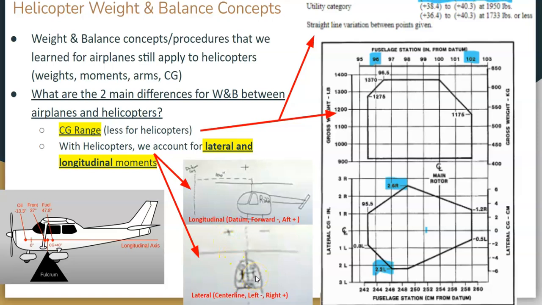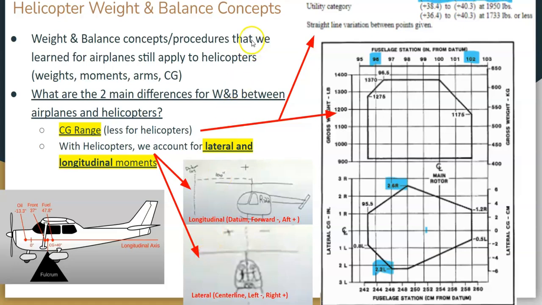And that can affect it greatly. In a helicopter, if you have a really heavy person on this side and a really light person on this side, the moments could actually cause it to rotate in that positive direction. So, again, moments, center of gravity, it's a lot more sensitive in a helicopter.